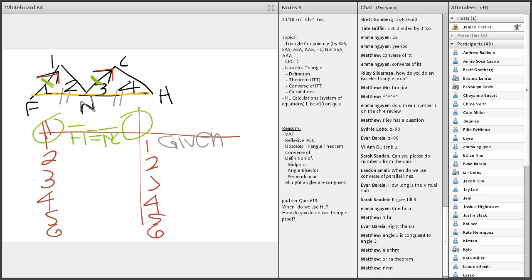However, we need to pick 2 angles that touch the parallel lines as well. So if I were to redraw these just to give a different perspective, here's 1 and here's 3. These angles back in chapter 3 are now congruent because of the corresponding angle theorem.